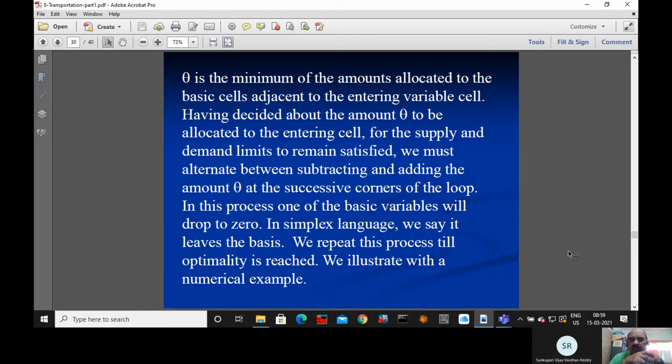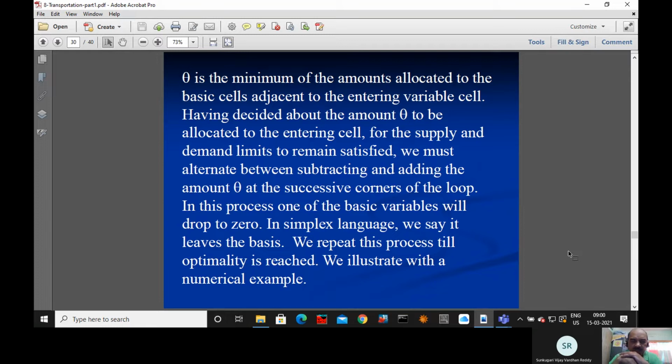Having decided the amount theta to be allocated to the entering cell, for the supply and demand limits to remain satisfied, we must alternate between subtracting and adding the amount theta at the successive corners of the loop.